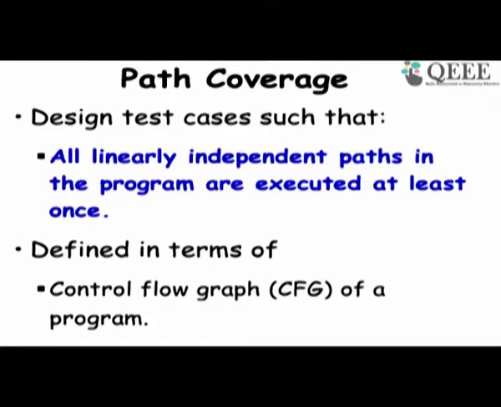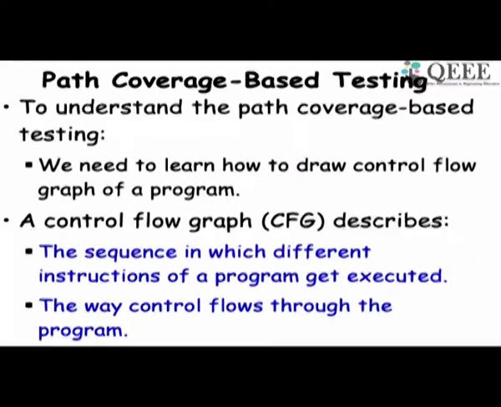A control flow graph is a graphical representation of the program structure. I hope all of you know how to draw a control flow graph. But there are some points where mistakes are typically committed. We'll look at that, so that given any program we can draw the control flow graph.